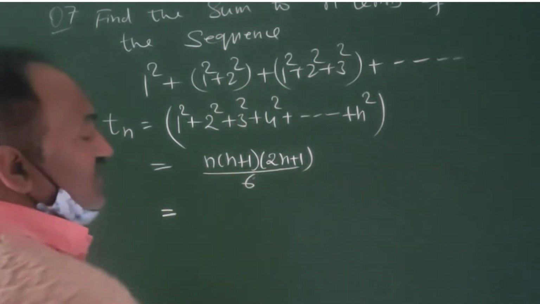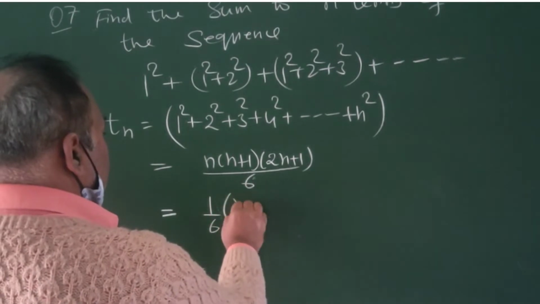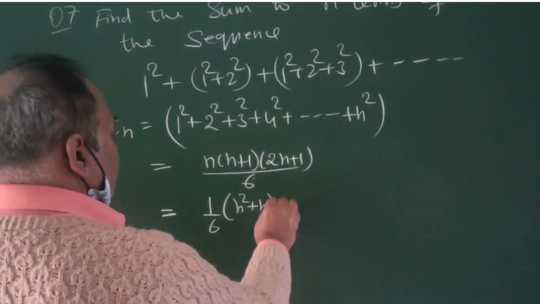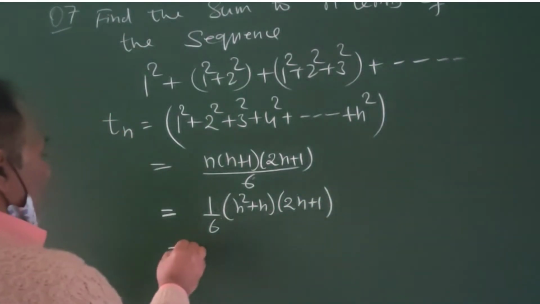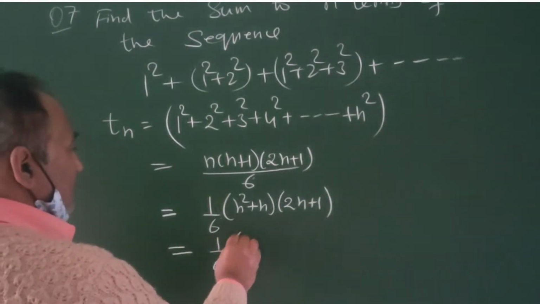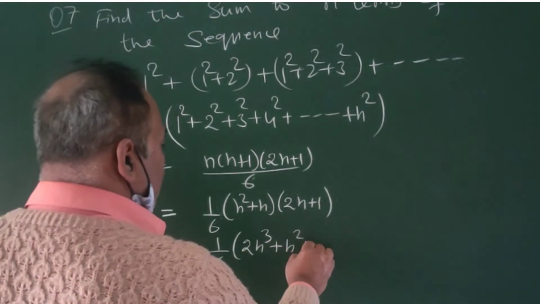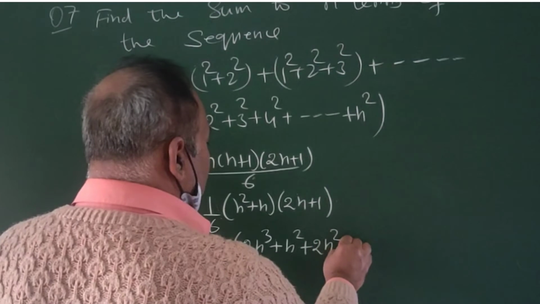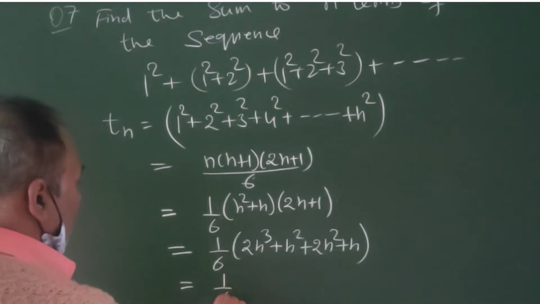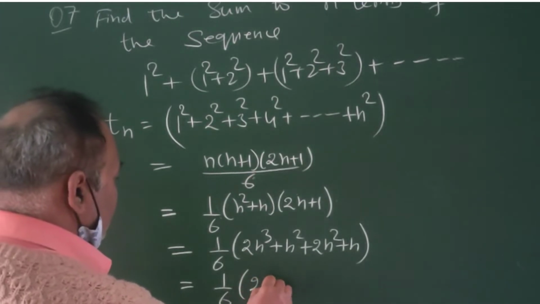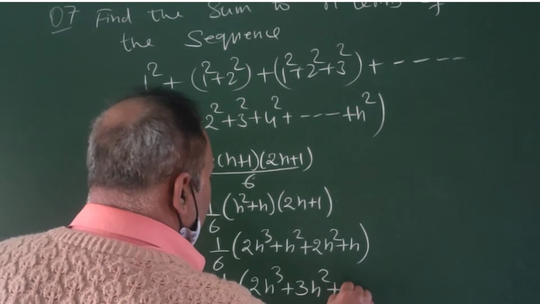And after multiplications, we will get 1 by 6 into n square plus n into 2n plus 1. And that becomes 1 by 6 into 2 into n cube plus n square plus 2 into n square plus n. And therefore the nth term of this sequence becomes 2n cube plus 3 into n square plus n.